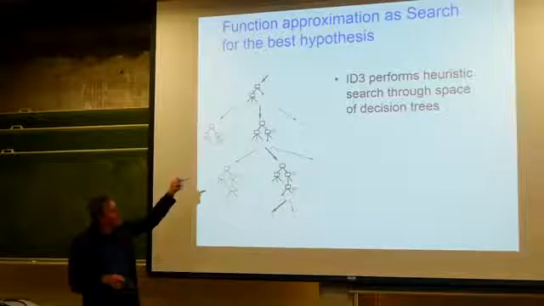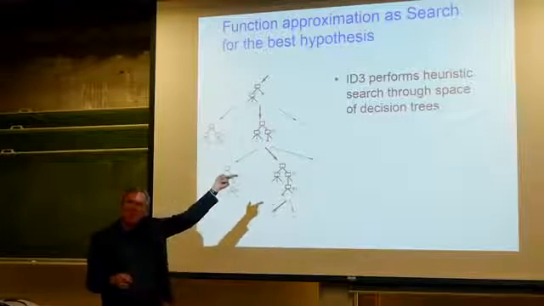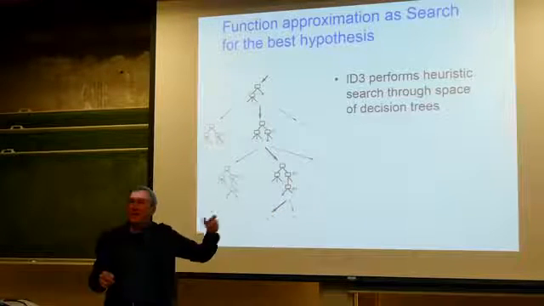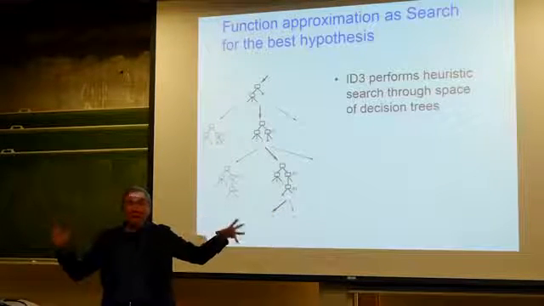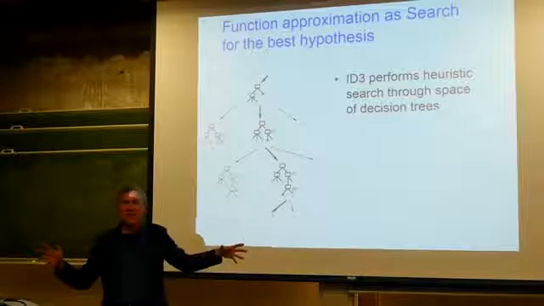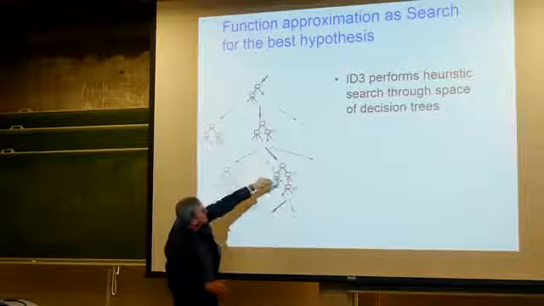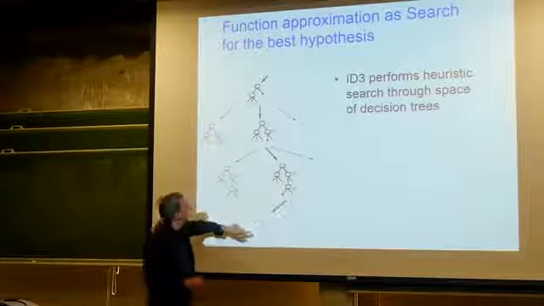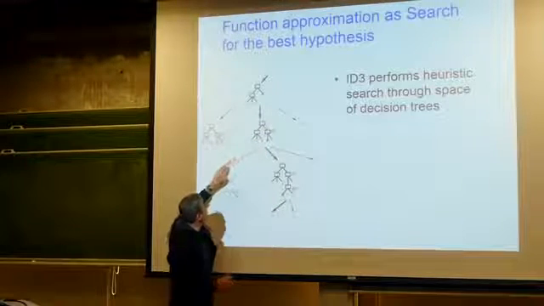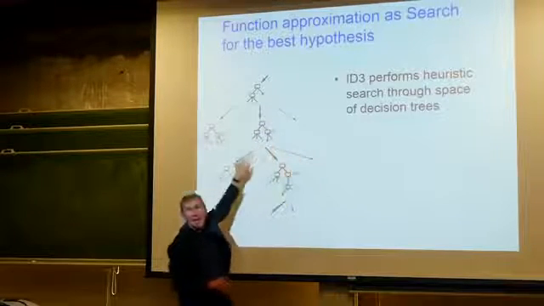And so you can think of this as an algorithm that's really doing a search through the space of all possible decision trees. And at each step, it's adding one more node to the decision tree. And of course, at each step, there are many choices of which node it could add next.